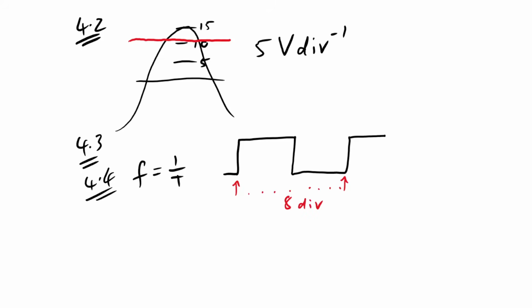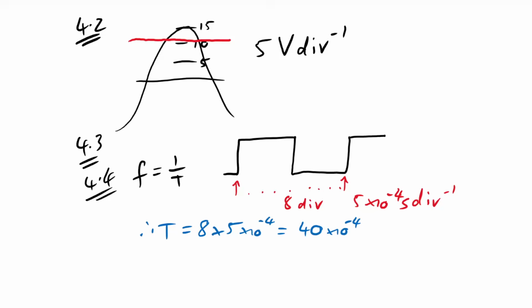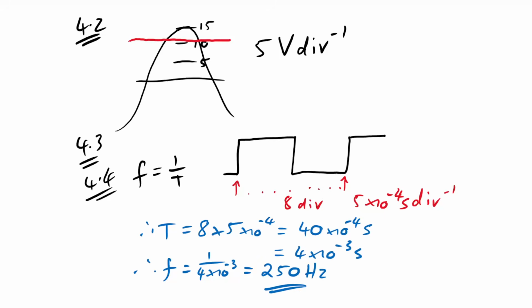We're told that the time base is 5 times 10 to the minus 4 seconds per division. Therefore, time period is going to be 8 times 5 times 10 to the minus 4. So that gives us 40 times 10 to the minus 4 seconds, or in other words, 4 times 10 to the minus 3 seconds. Therefore, frequency is equal to 1 divided by that, and that gives us 250 hertz.